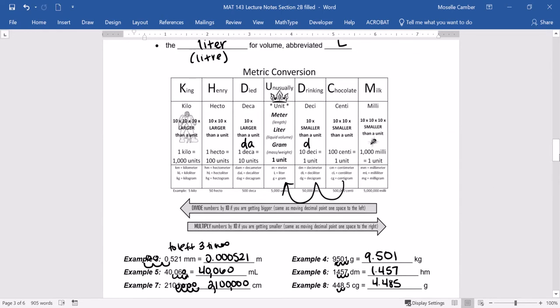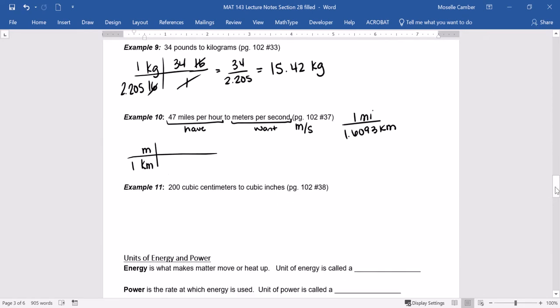So 1 kilometer here, if I'm going to get back to meters, I have to move the decimal to the right 1, 2, 3 times. So that gets me 1,000. So kilo is a really common prefix. If you can remember that kilo means 1,000, that'll save you a little bit of time here. So 1 kilometer is 1,000 meters.